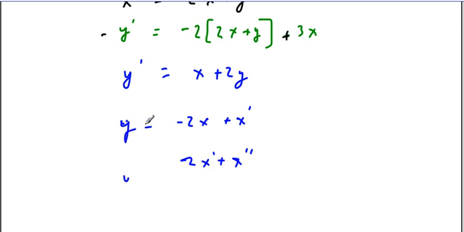Okay, so y is equal to that, y prime is equal to this, but y prime is also this guy, which is x plus 2 times y, which is minus 2x plus x prime.